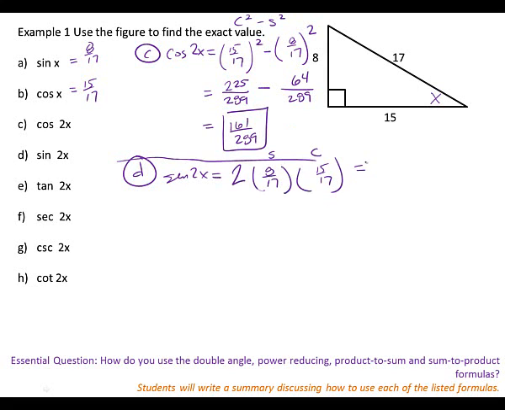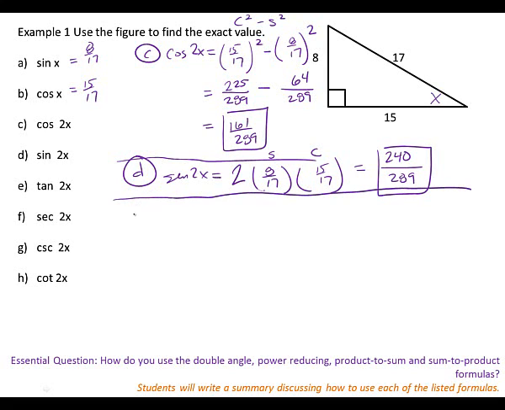We're going to multiply across the top and across the bottom. We already know the bottom's going to be 289. So what's 2 times 8 times 15? 240. Technically we should reduce our fractions, but I think that one's already done. So that was D.